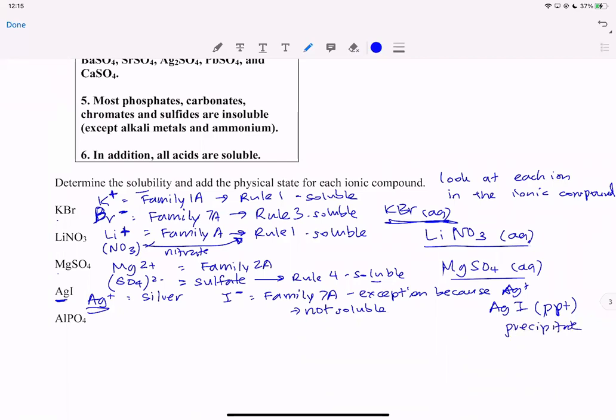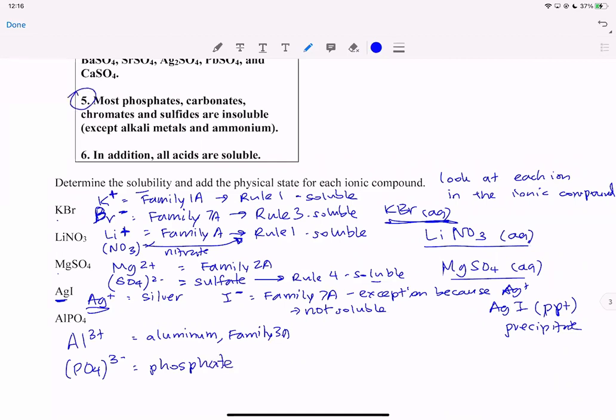And then when you have AlPO4, this is the last one. You have the aluminum ion, Al plus 3, and then PO4 3 minus. This is the aluminum ion, family 3A. You won't find any rule for family 3A or for aluminum, but you will find a rule for this one. This is the polyatomic ion called phosphate.